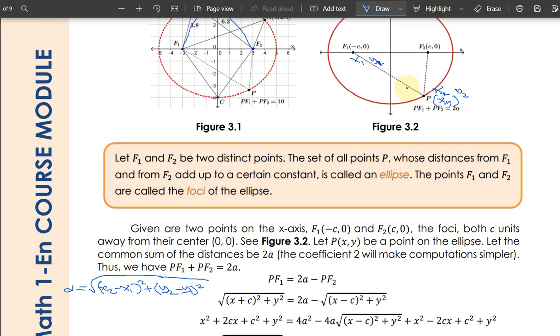So, ato siyang next i-substitute. X sub 2, so x sub 2 is x, so naa tay x minus x sub 1. X sub 1 is negative c, no? So that's why we have x minus negative c squared, plus y sub 2 which is y minus y sub 1 which is 0, squared.